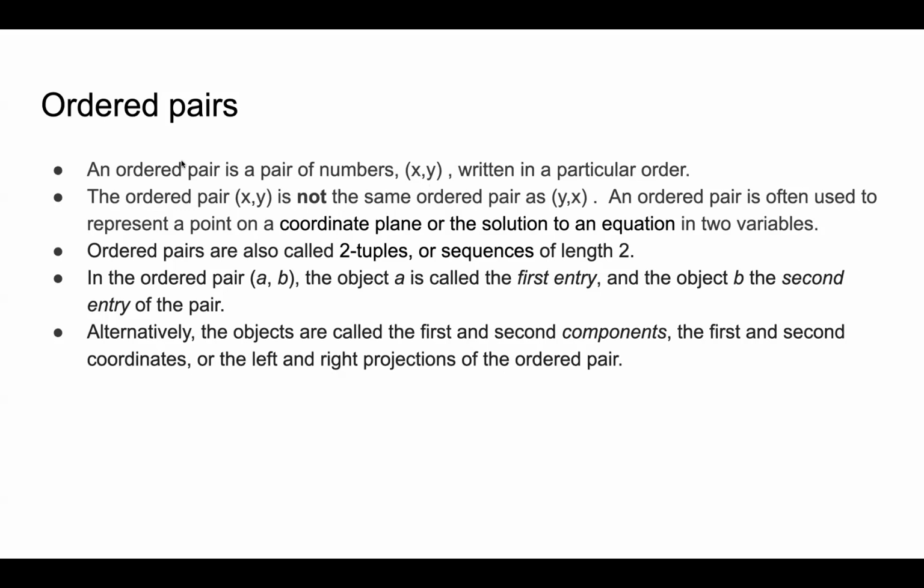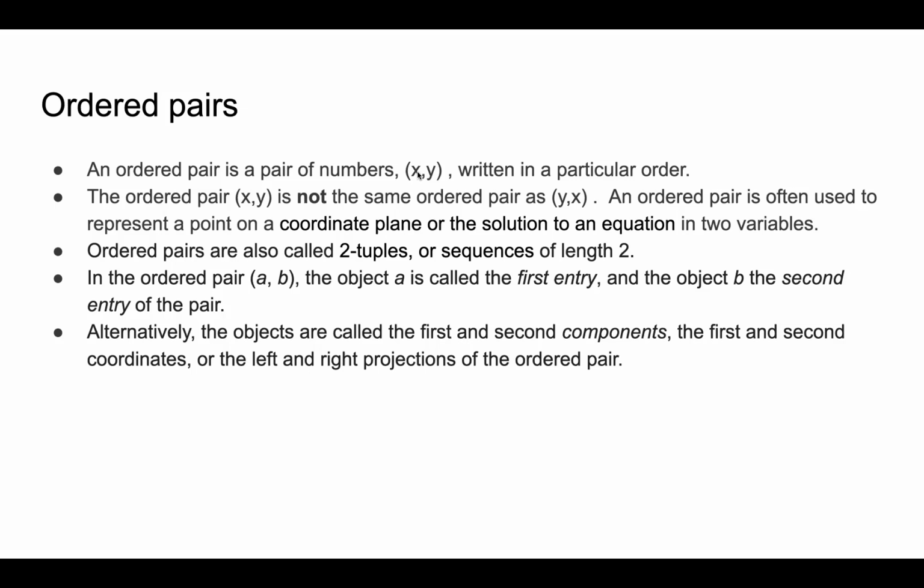Ordered pair means the order is fixed. It is not going to change, so x and y are different from y and x. If x and y are the same, then no problem. But if x and y have different values, then the order of the numbers matters.